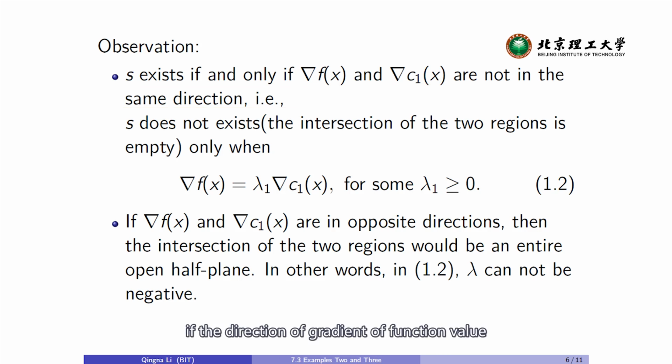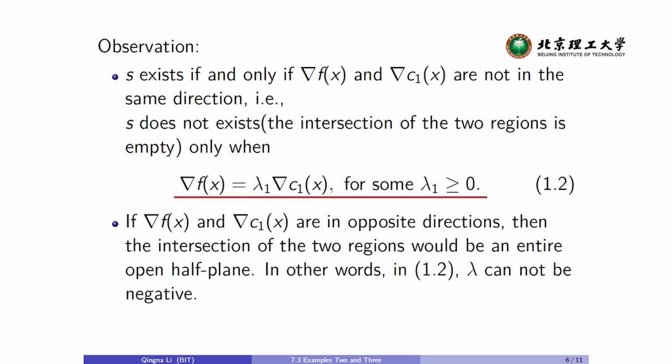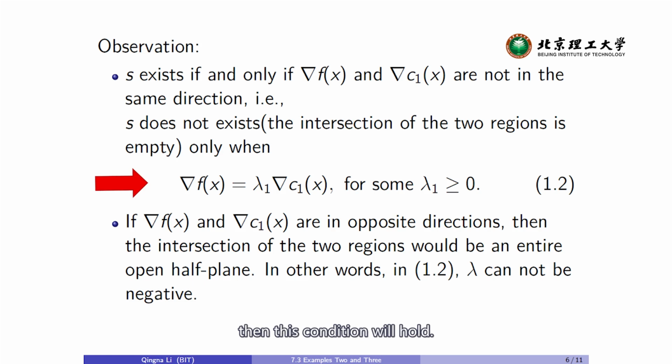In other words, if the gradient of the function is in the same direction as the gradient of the constraint, then we cannot find such a direction. In other words, if x star is a local minimizer, then this condition will hold.